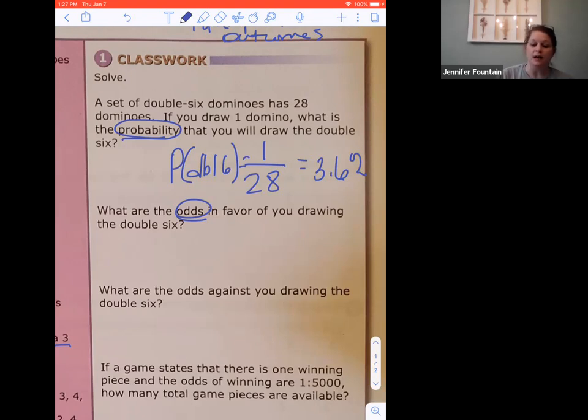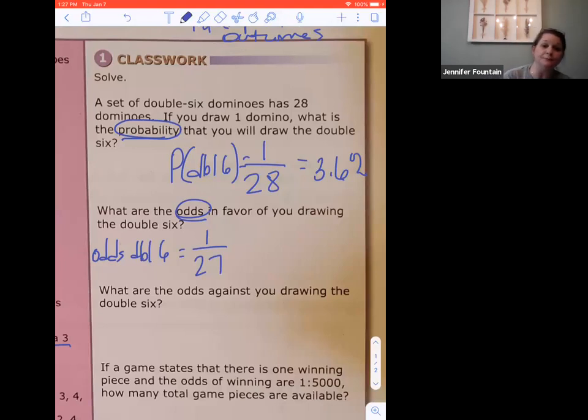But now I've got to look at my denominator, and I've got to think about the chances that it could not happen. So I've got to take my number of chances that it could happen and subtract that from my total. So I have one chance of it happening. We've got a total of 28, so 28 minus 1 is 27. So my odds of a double six is 1 to 27.